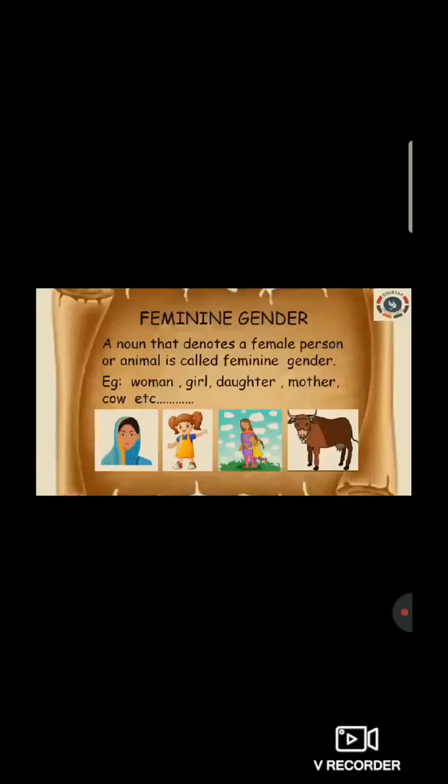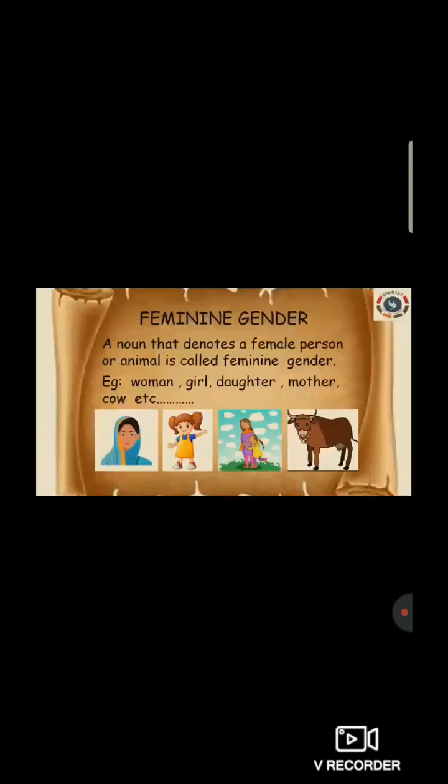Students, once again I am explaining the second type of gender. First I had explained the masculine gender, right? Now the second one is feminine gender. Now what is it called? A noun that denotes a female person or animal is called feminine gender.